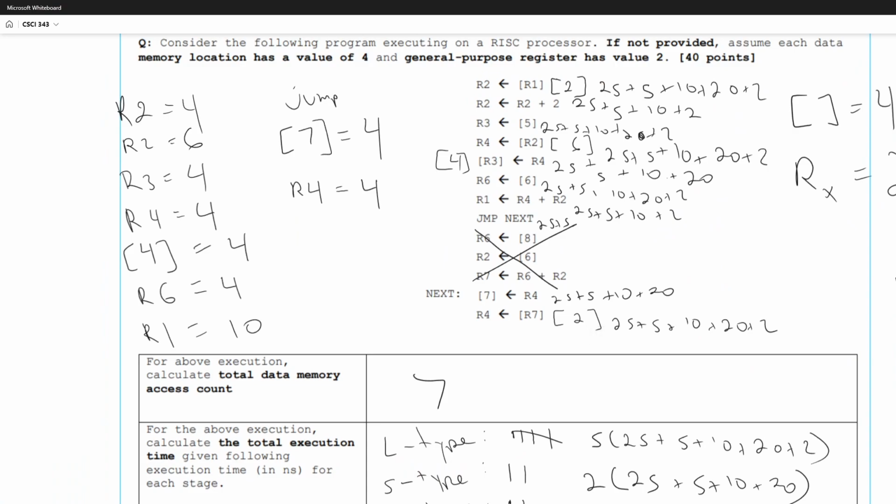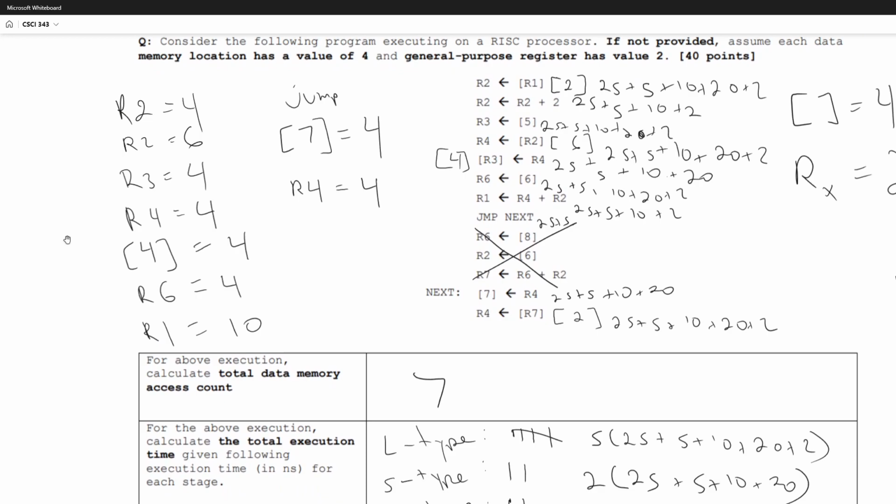For the above execution, provide CPI, cycles per instruction. There's 1, 2, 3, 4, 5, 6, 7, 8, 9, 10.